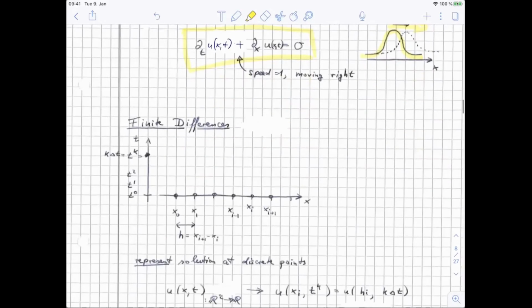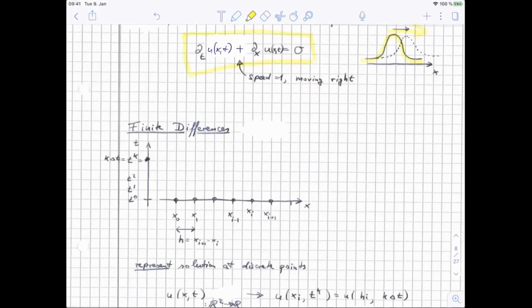The easiest and most widely known way of discretizing equations is with finite differences. So you take your x-axis and you put down a set of grid points at equal distances. I'm doing equal distances, you can also do unequal distances.